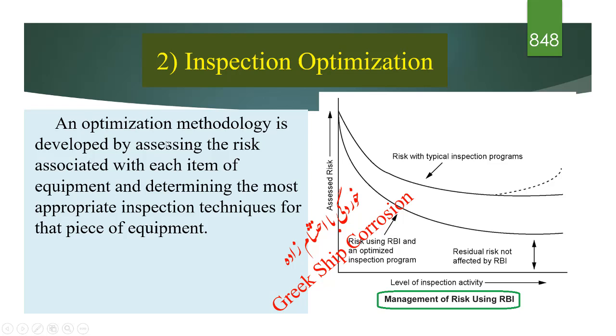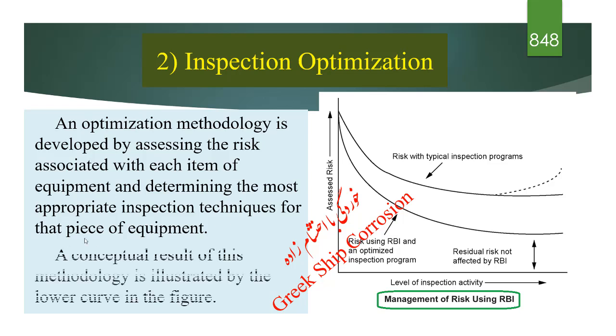An optimization methodology is developed by assessing the risk associated with each item of equipment and determining the most appropriate inspection techniques for that piece of equipment. A conceptual result of this methodology is illustrated by the lower curve in the figure.